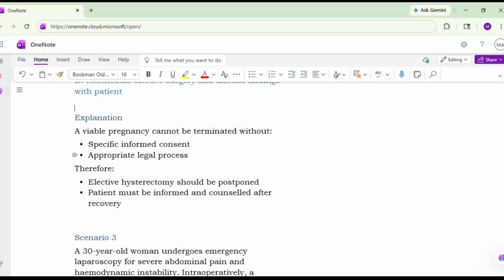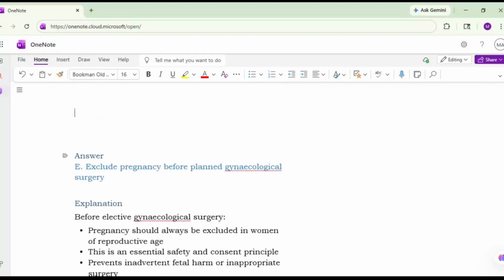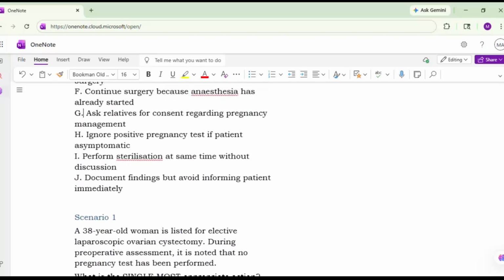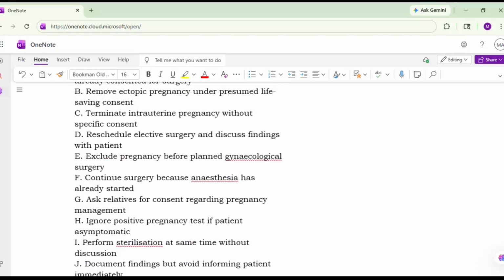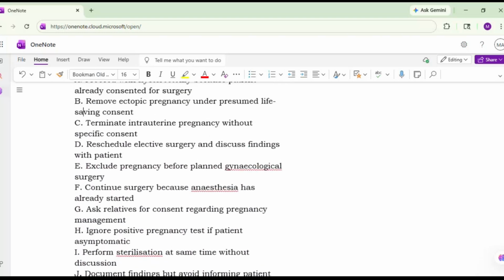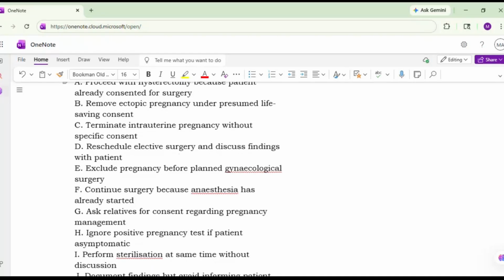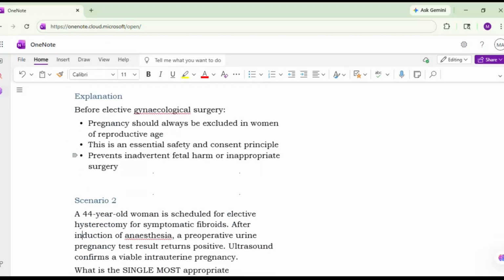She was taken for emergency laparoscopy for hemodynamic instability, and we found it is an ectopic with bleeding. So what will we do? In this case, we have to remove the ectopic pregnancy under presumed life-saving consent. It is a life-saving condition, so we have to remove the tube.